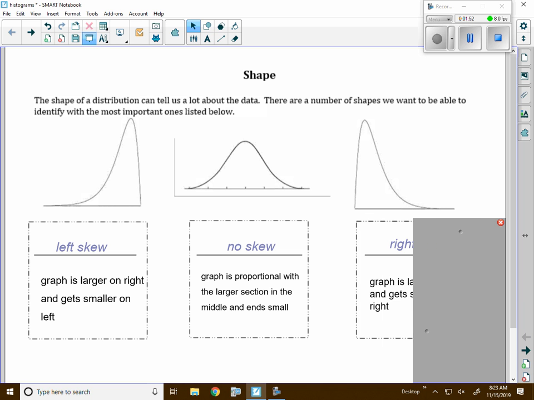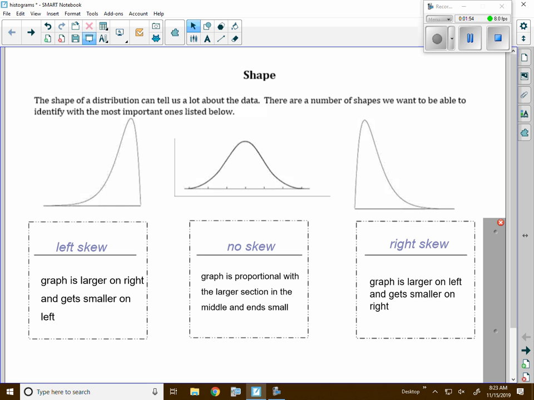And then you can probably make a great guess that our last one is right skewed.